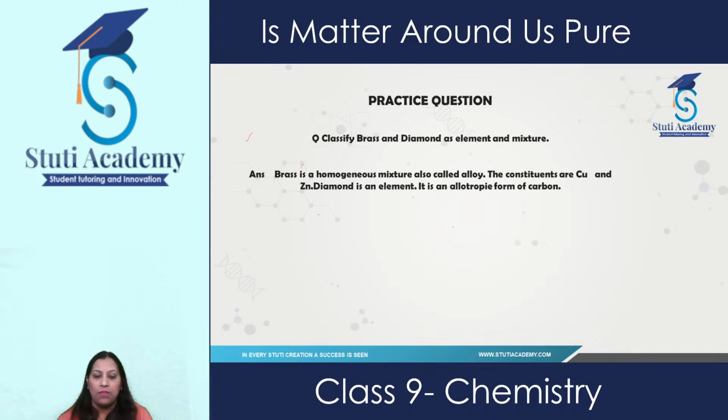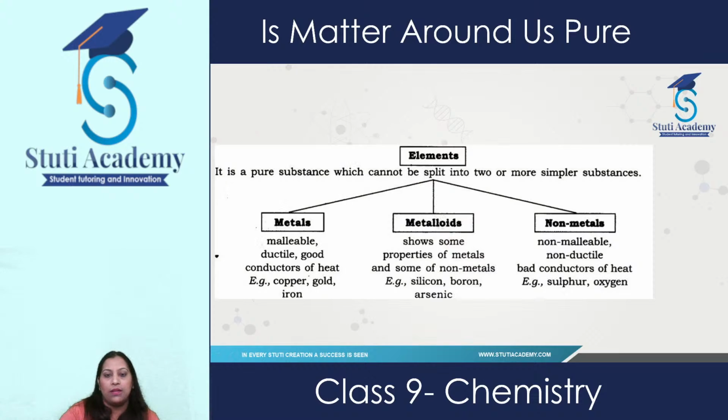Now, next is elements. So we'll study about elements in detail. Now, as I told you, elements are those substances which cannot be broken down into two or more simpler forms. And they are made up of only one type of substance.